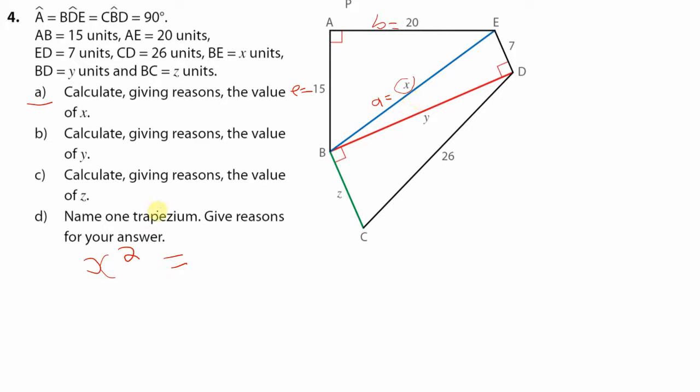So actually we would firstly write it as a squared equals e squared plus b squared. And our reason, remember they asked for reasons, is Pythagoras.